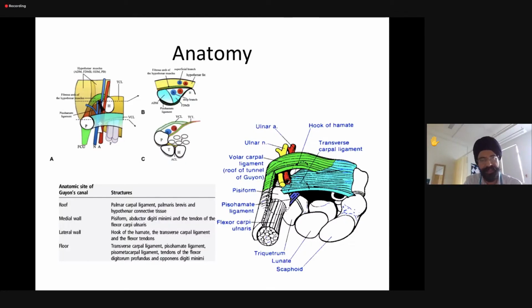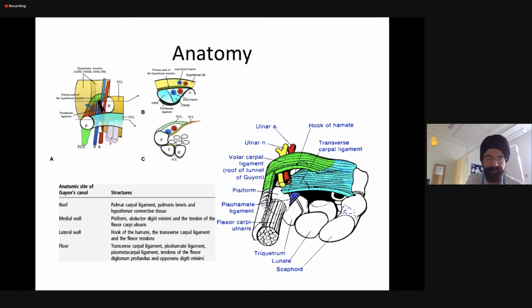Looking at the anatomy more extensively, we see the pisiform bone, the FCU tendon, the nerve, the artery, the hook of the hamate, the transverse carpal ligament, which is the floor and the lateral side, and the volar carpal ligament, which is the roof, and the nerve enters there.